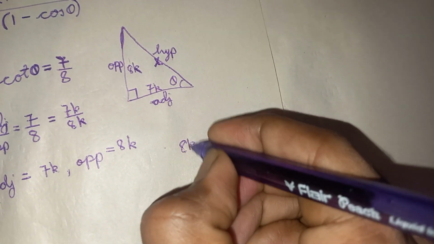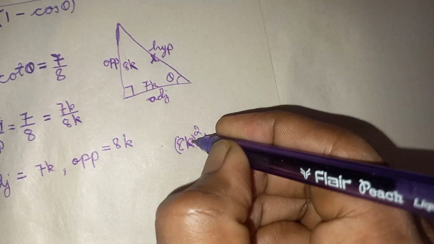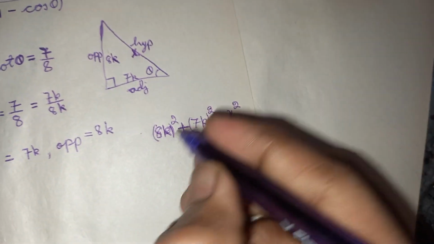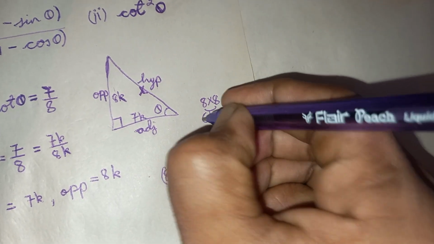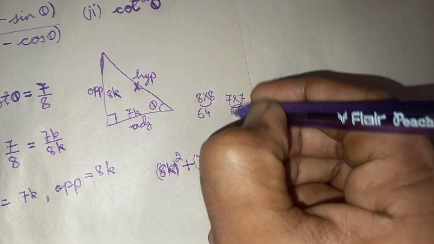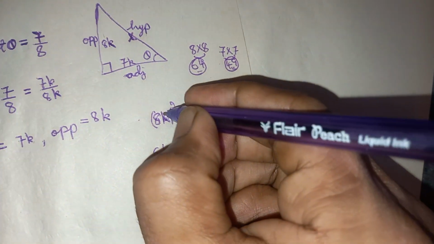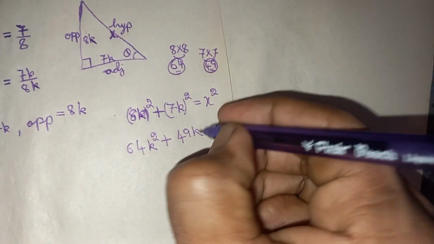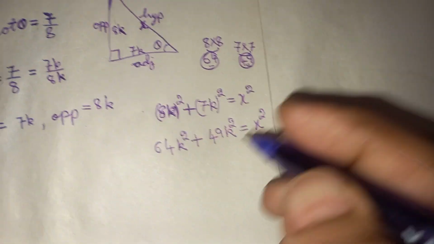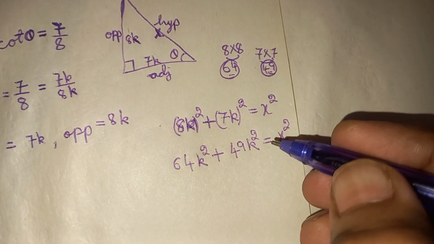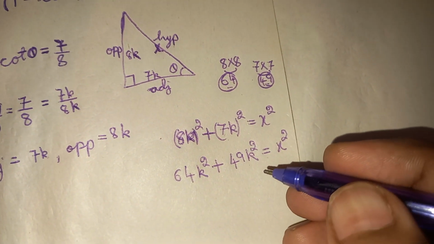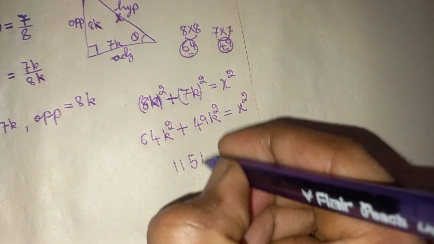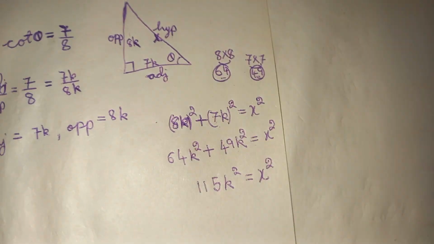So 8k square plus 7k square equals x square. 8 times 8 is 64, and 7 times 7 is 49. So 64k square plus 49k square, and 49 plus 64 equals 115.